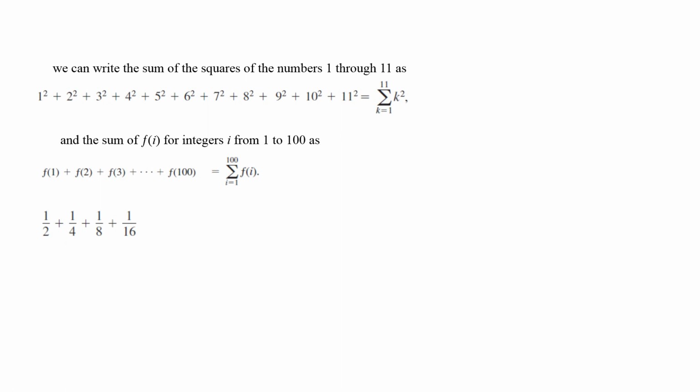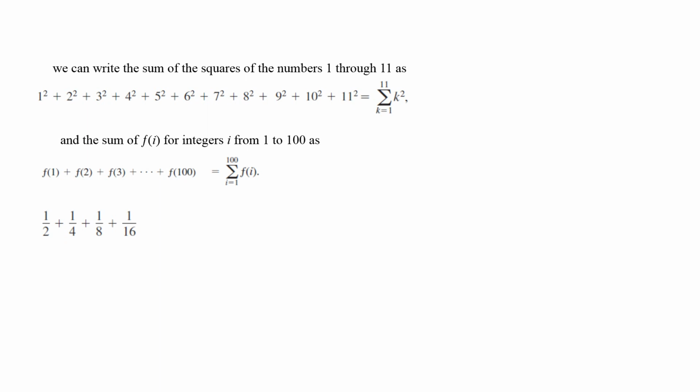So here is the sum of 4 terms, and we have 1 over 2 plus 1 over 4 plus 1 over 8 plus 1 over 16. Now it is not quite obvious to find the kth term for this. So what we need to do, let me write.